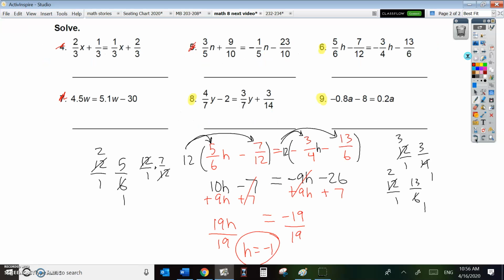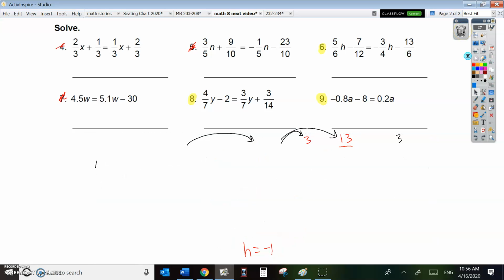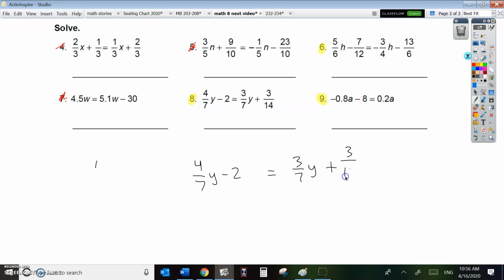Now let's do problem 8. Let me clean this off down here. Okay, problem 8. 4 over 7y minus 2 equals 3 over 7y plus 3 over 14.